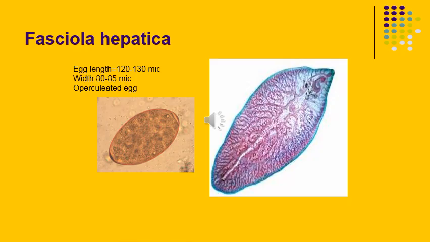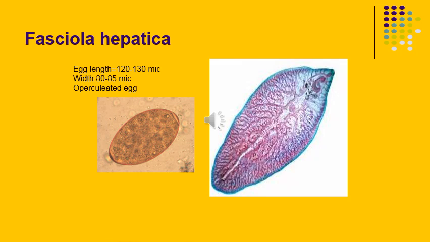The next important thing about Fasciola hepatica is its eggs. The egg length is about 120 to 130 microns, and the width is 85 to 90 microns. Of course, it has an operculum. The eggs are released and float in the water.